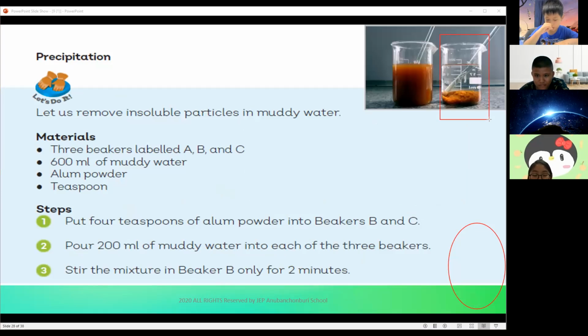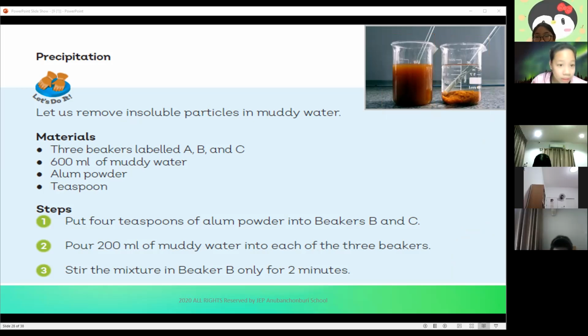Understood? Yes or no? What are you going to draw for beaker A? This. What about for beaker B? Just clean water. Beaker B, clean water, and this one for beaker C. Understood? Yes or no? Understood, everybody?